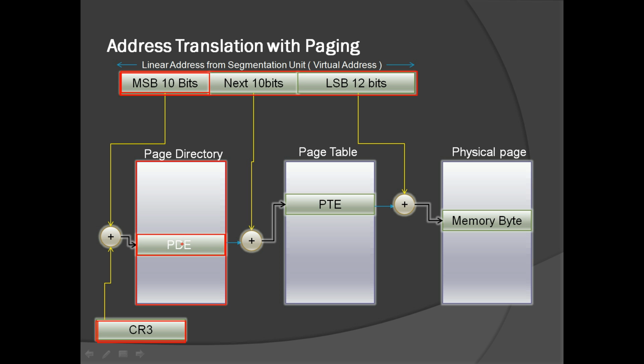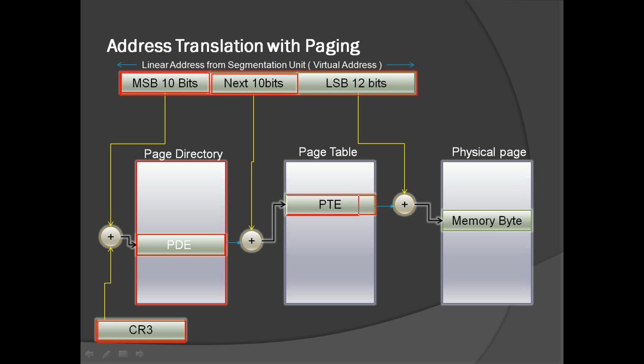Now if you add the page table directory entry and the next, middle 10 bits of the virtual address, you will get something called the page table entry inside the page table. This is again a 32-bit number.